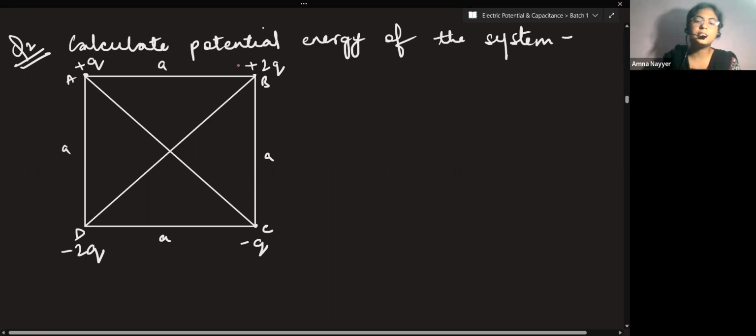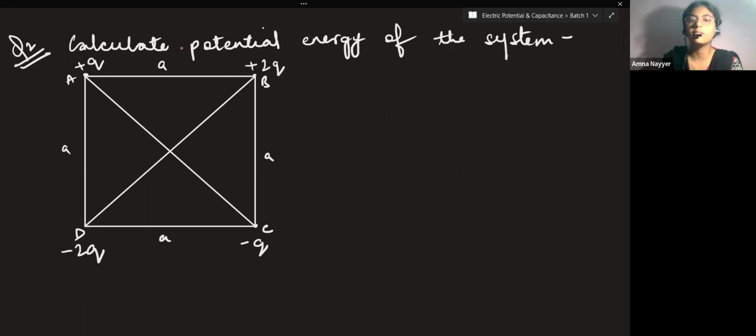This is the first one. Then this 2Q will be interacting with minus Q, so they will also have potential energy. That is the second. Minus 2Q will be interacting with minus Q, the third energy that we have, and plus Q will be interacting with minus Q, the fourth energy that we have.